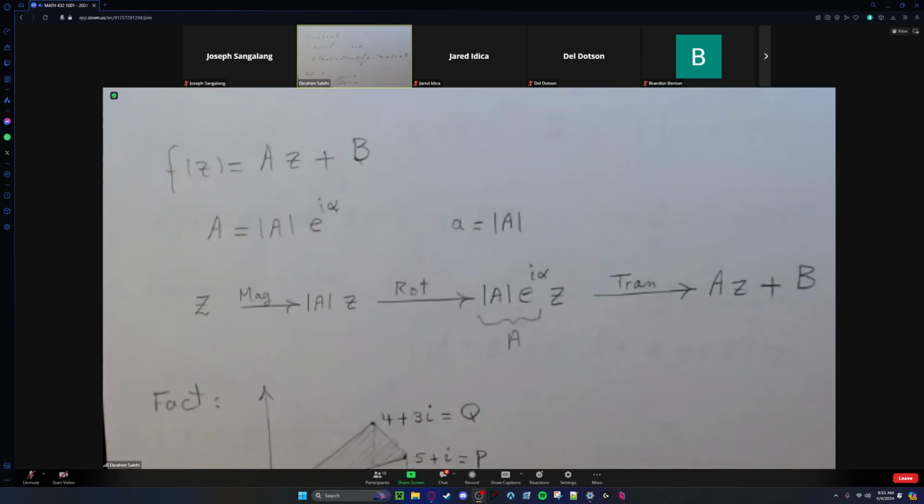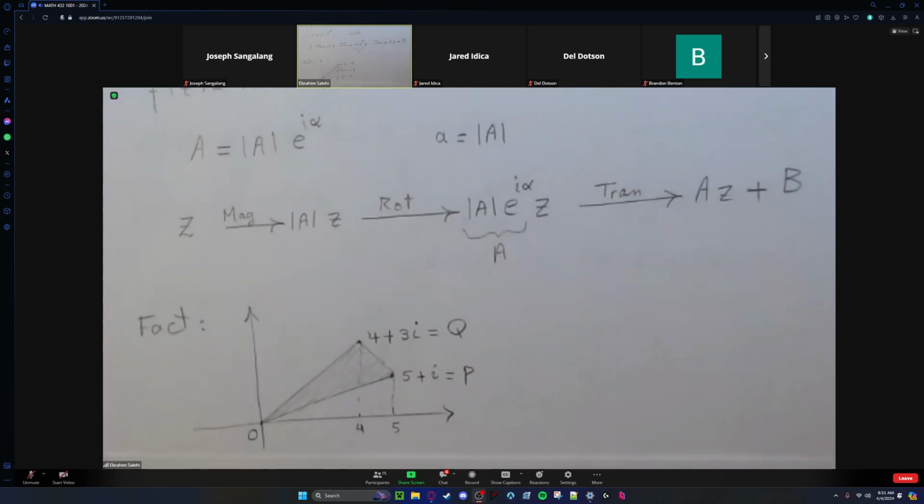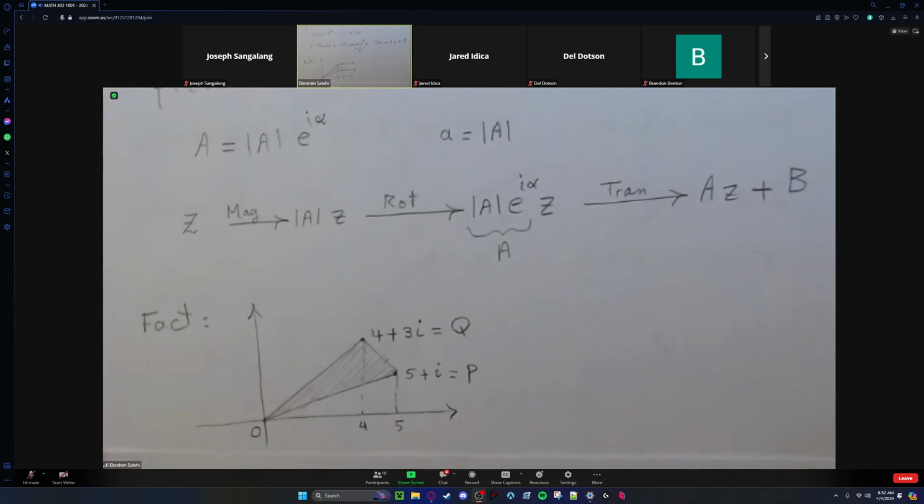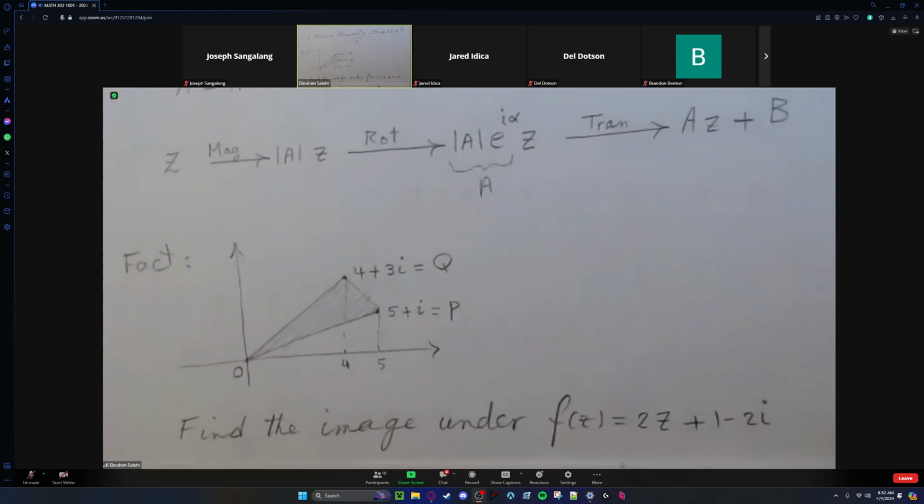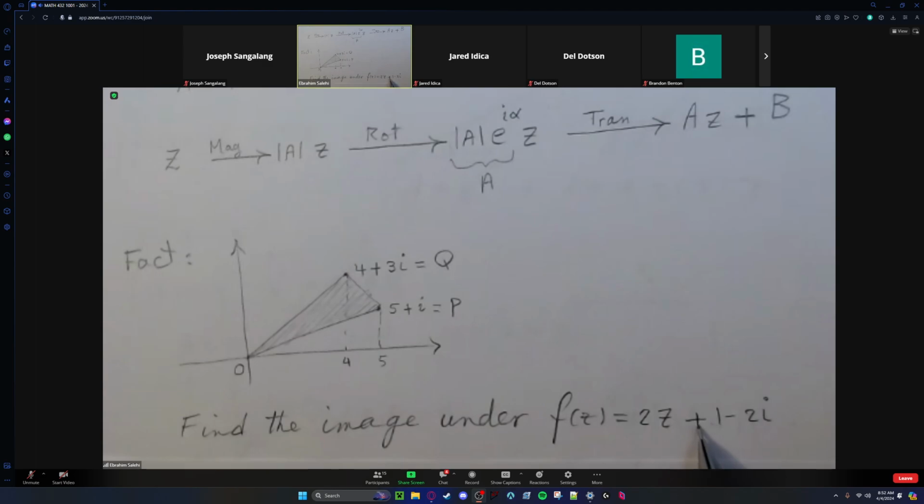Here is one example. Usually, they will give you a region. Here is a triangle. And they will ask you, what is the image of this? What happens to this if we apply, for example, a complex function? Here, we want to apply 2z plus 1 minus 2i.